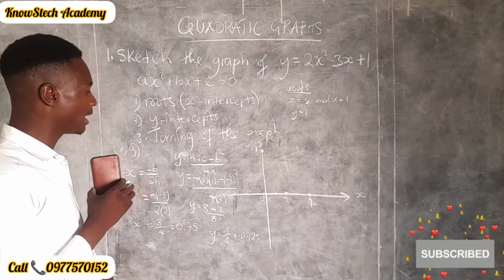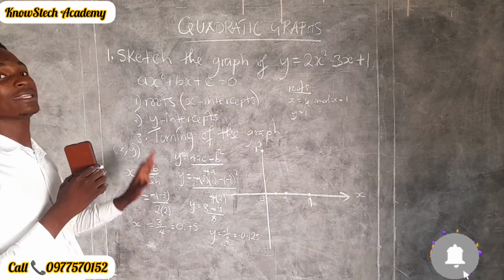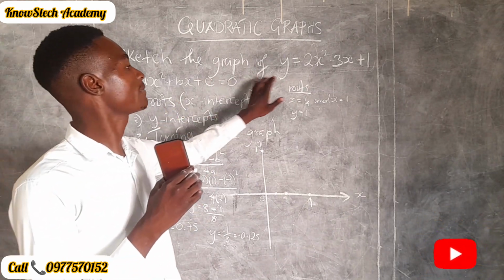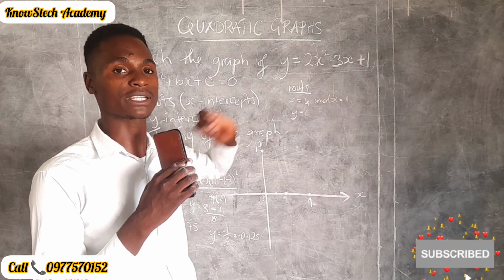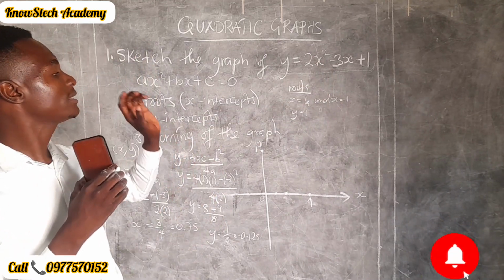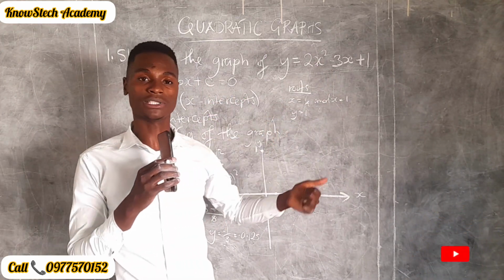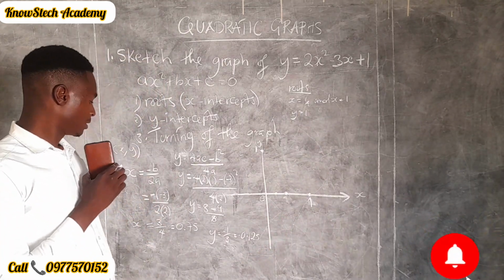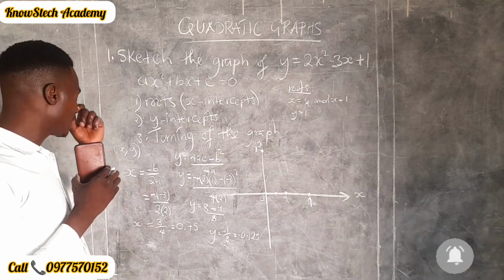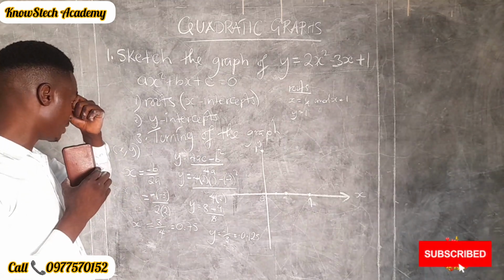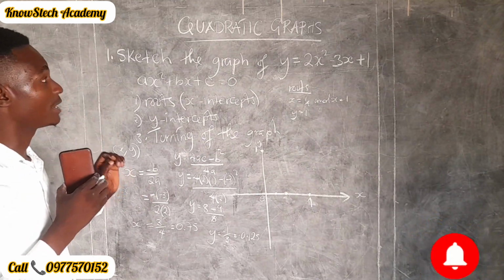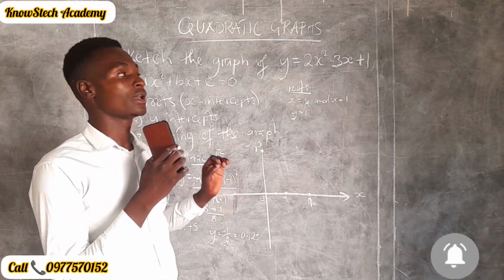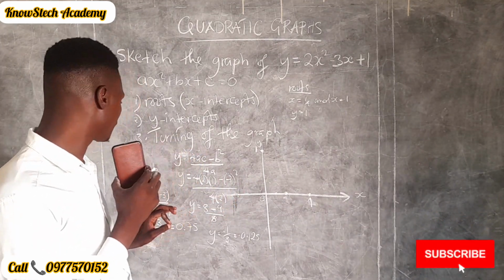Okay? Now we've found everything needed to graph this function. We needed roots and the turning point. That's all. Now, I want to add another piece of information that may be of value to you, especially to grade 12 in paper 1.